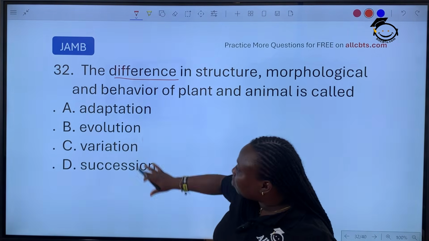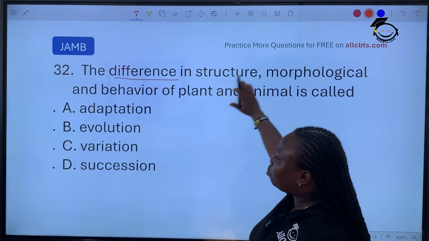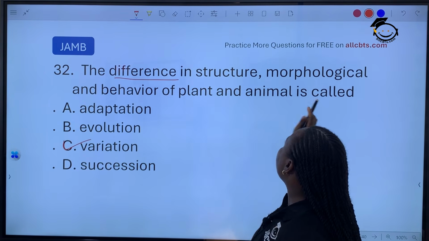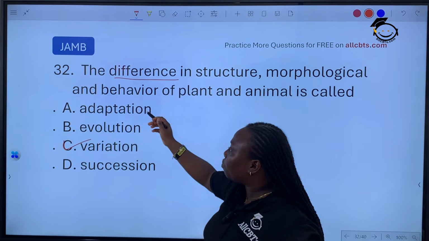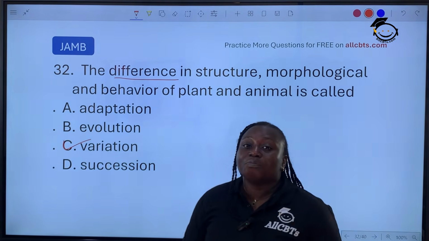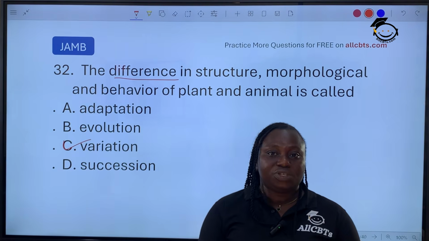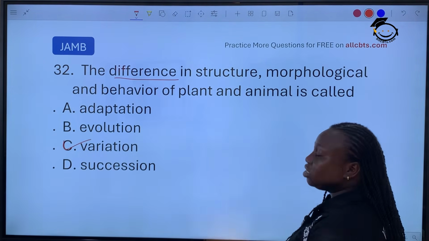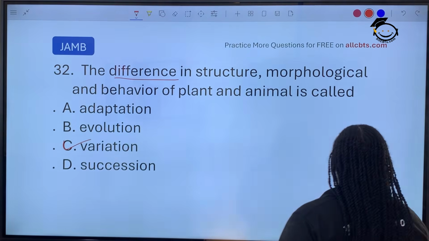So the term that fits this particular definition is variation, because they said the difference in structure, morphological, and behavior. So that means it is this difference in structure and behavior that makes no two organisms to be the same. So our answer is option C, variation.